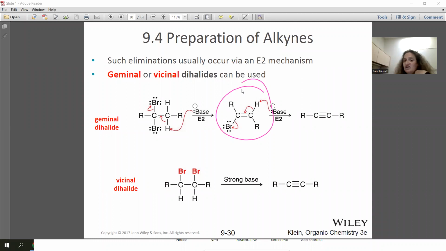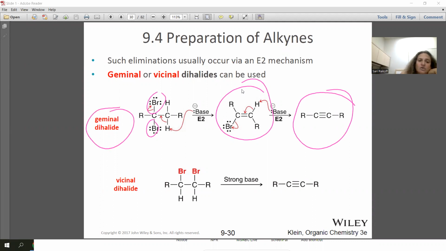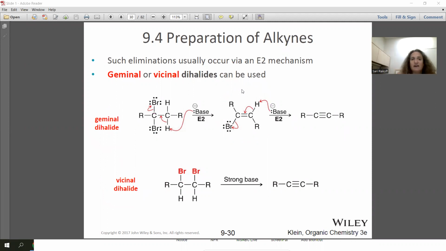Then we do the reaction a second time to get our alkyne. Notice my bromines can be on the same carbon, that's geminal, or they could be on different carbons, but they have to be on adjacent carbons, and that's vicinal. If I have more than a carbon away, I can't make my alkyne. So they're either on the same carbon or on the carbon right next to them.